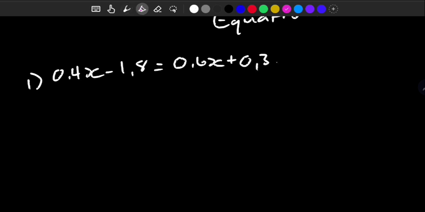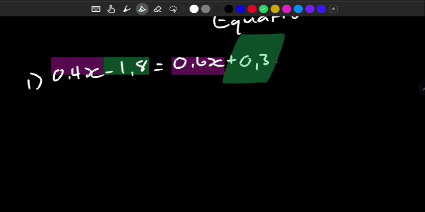Rule number one, like we said, we want to group like terms. So our like terms are 0.4x and 0.6x. Also our other like terms are negative 1.8 and positive 0.3, right?